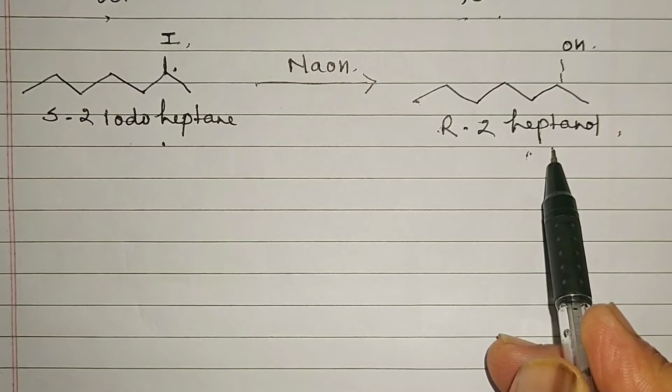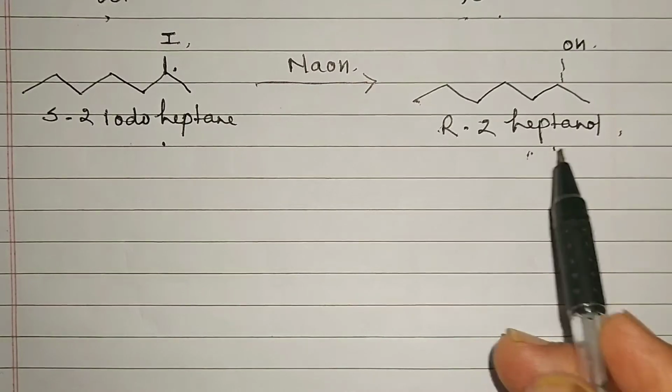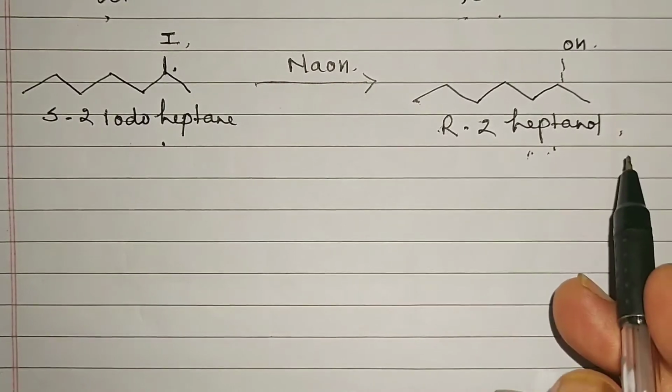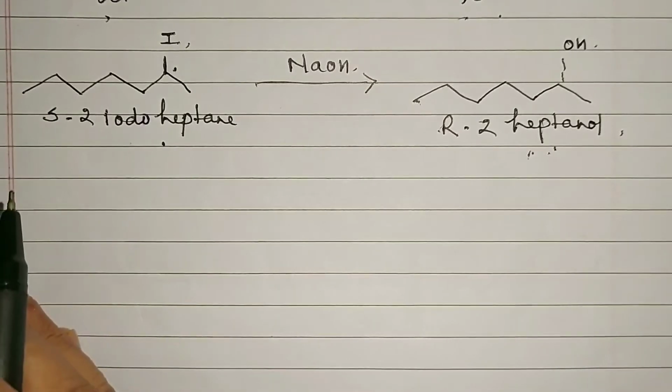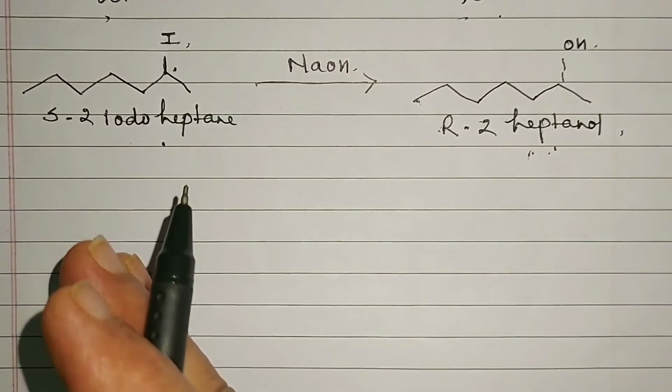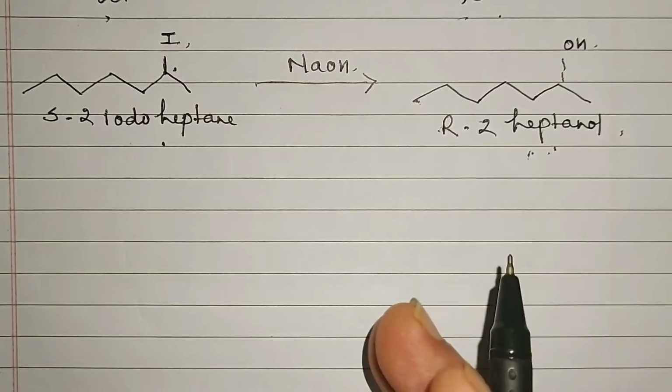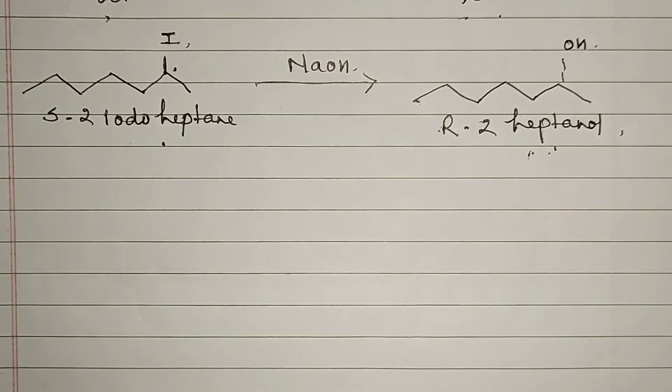To prove this, we will take another example in which we will convert an R alcohol into an S alcohol. For this purpose, we will take the example of R-1-phenyl-2-propanol.